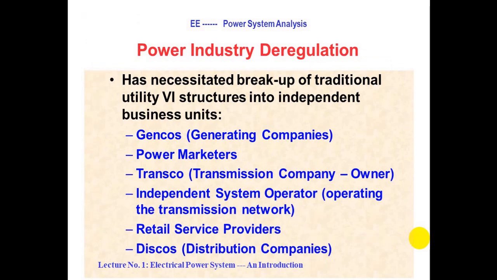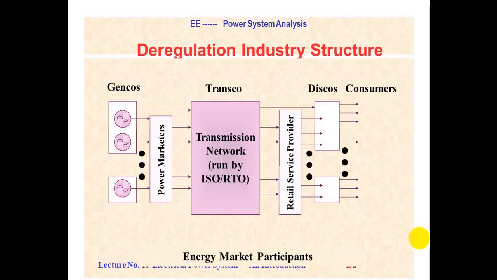Normally we have Gencos, which are the generation companies, and power marketers. We have Transco, which is the transmission company as an owner, then an independent system operator operating the transmission network, retail service providers, and distribution companies on different levels. So this is the deregulated industry structure, which you can see as the industry of the future, in which every area will be independent.